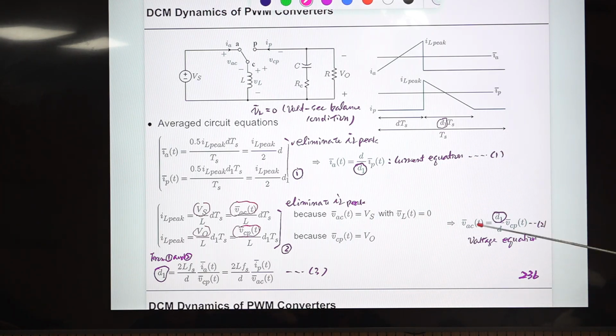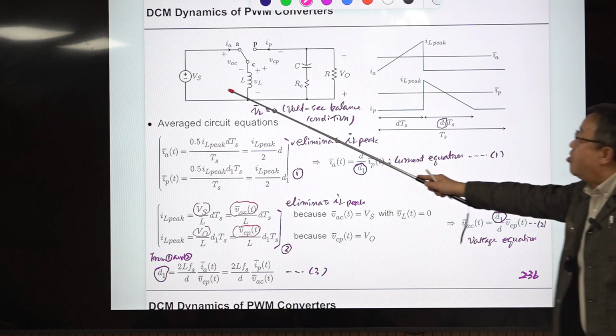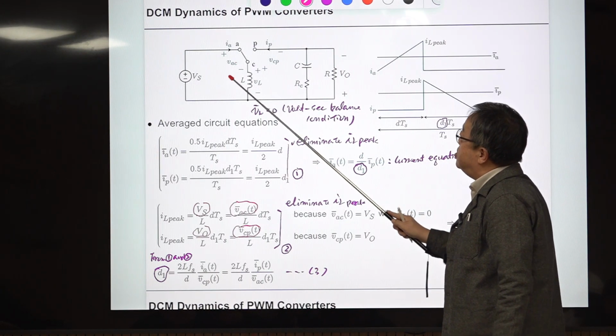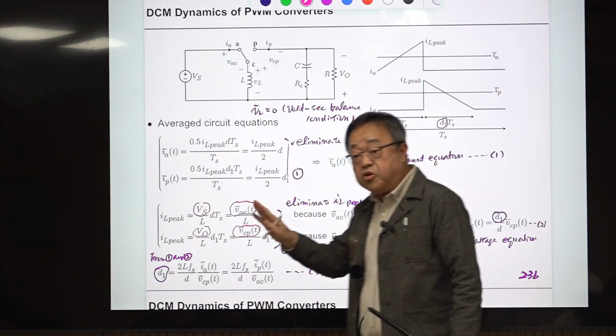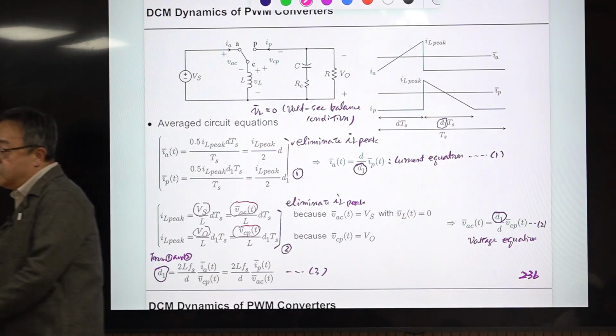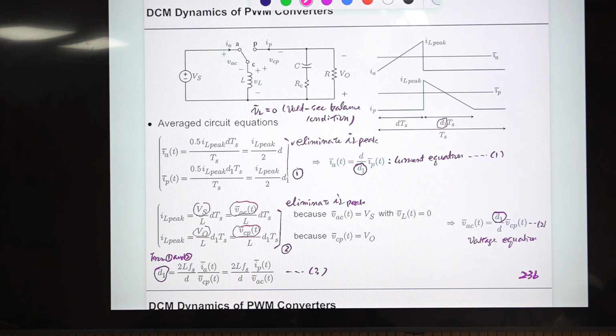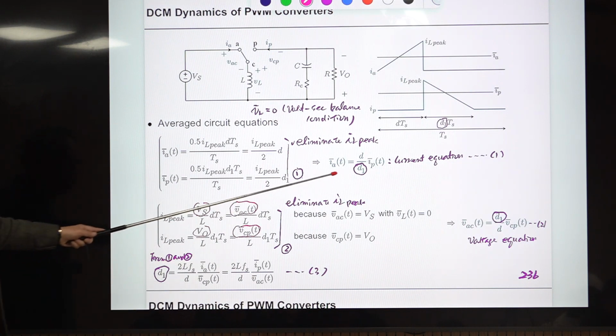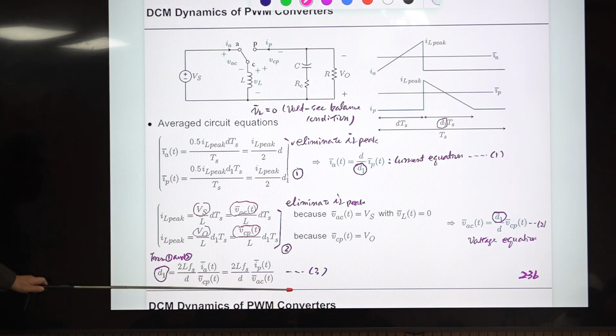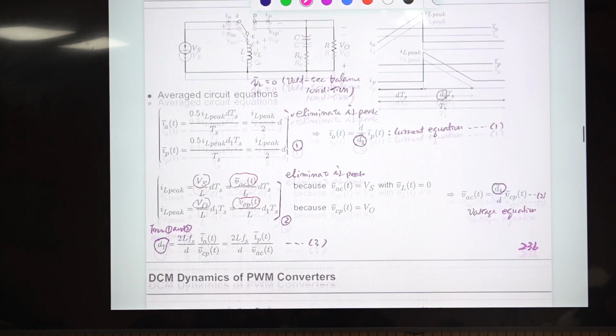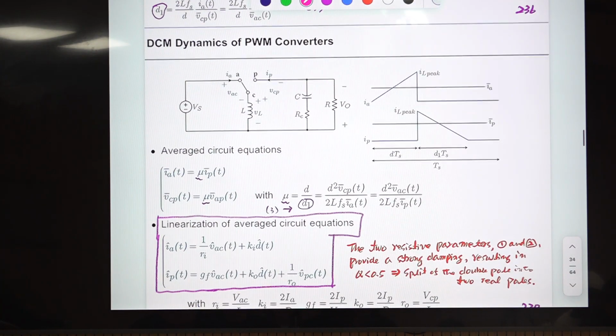So these 2 equations specify the relationship between this current and this voltage in the average sense, right? So that is the average equation of this, and it contains D1, so you have an expression for D1. So you have everything, right? So the next step is shown here.